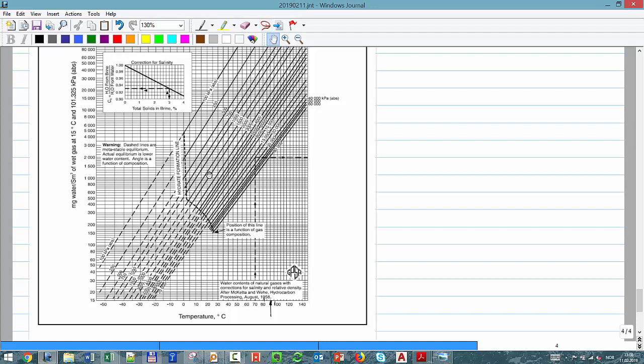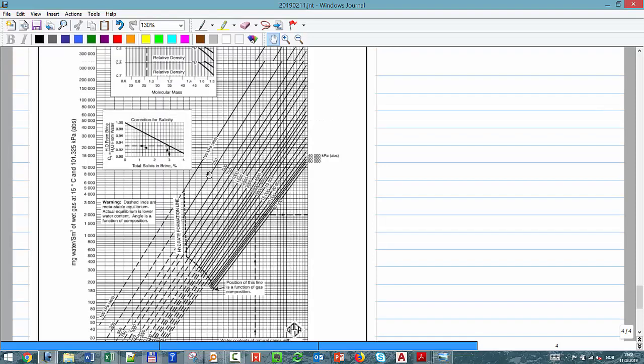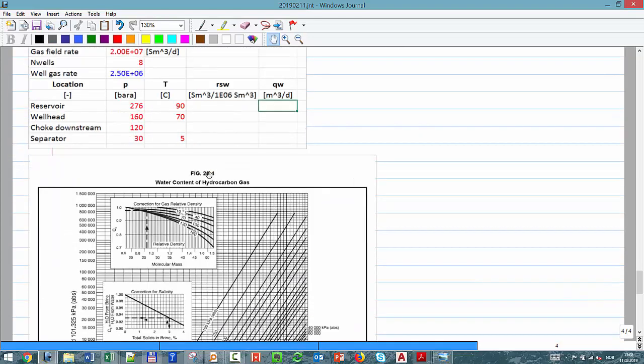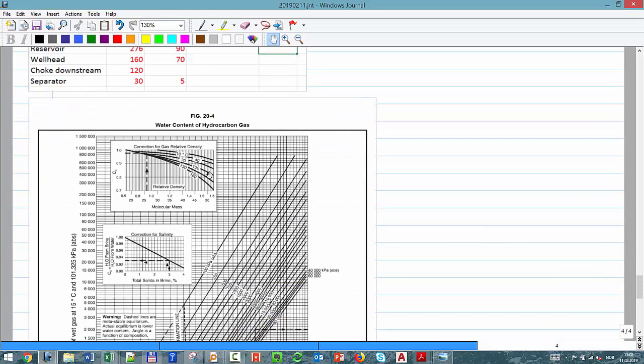Now we move up, and we have to mark the reservoir pressure, 276 bar. However, the chart is in kilopascal. So how do I change from kilopascal to bar? Simply multiply by 100, right? Or not?